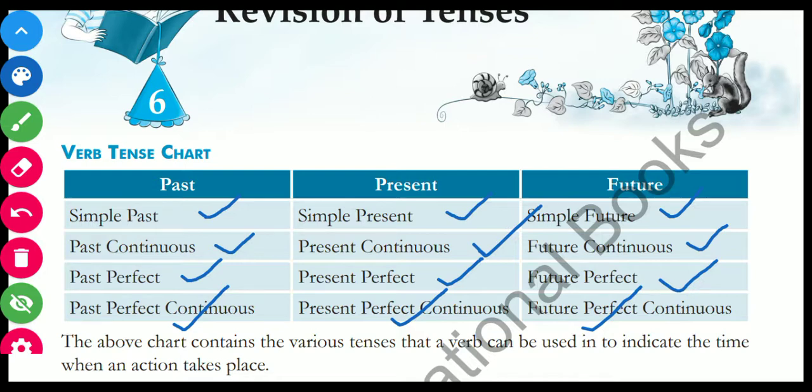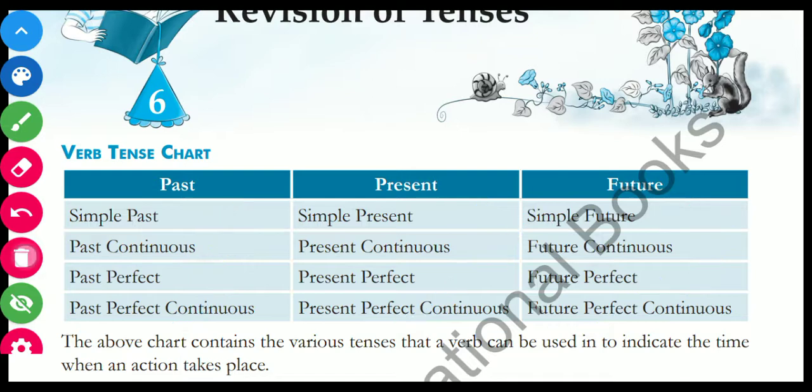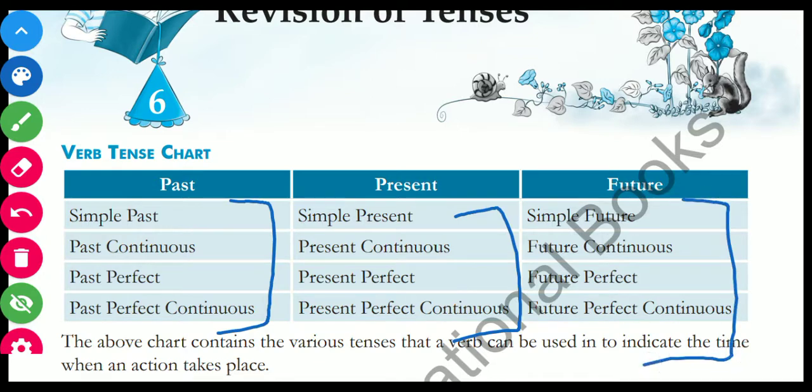Past tense is further divided into simple past, past continuous, past perfect and past perfect continuous. Present has been further divided into simple present, present continuous, present perfect and present perfect continuous. Future has been further divided into simple future, future continuous, future perfect and future perfect continuous.